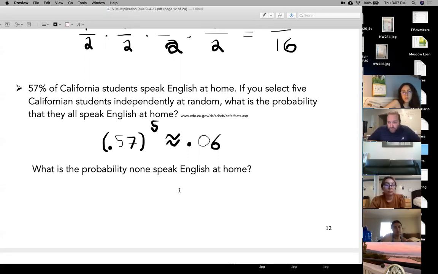You've got to give me a reason where your answer is coming from. I got 0.94 because I subtracted the 0.06 from the 100. Nope. Okay. 43%? No.